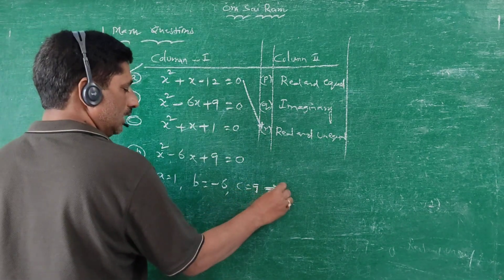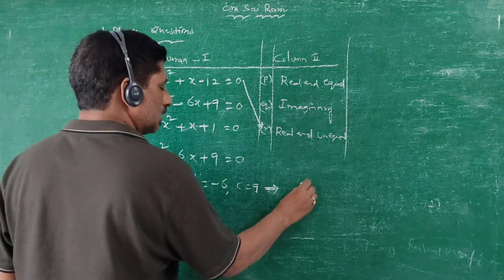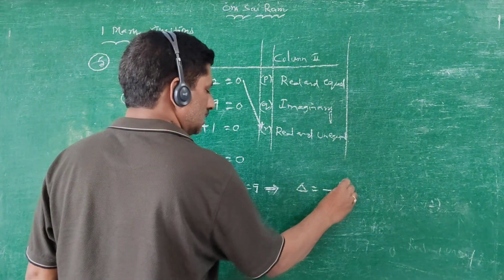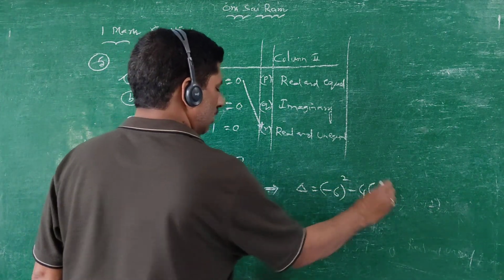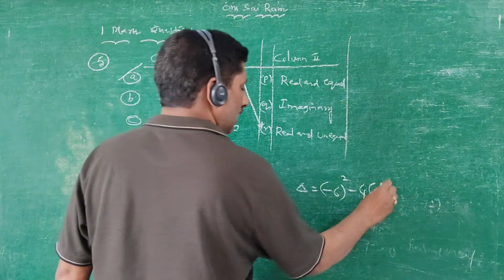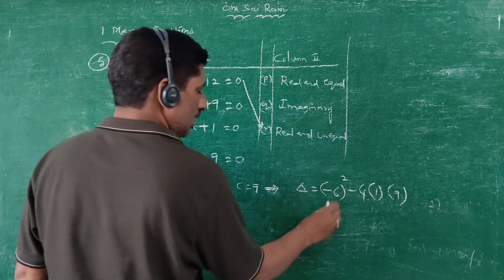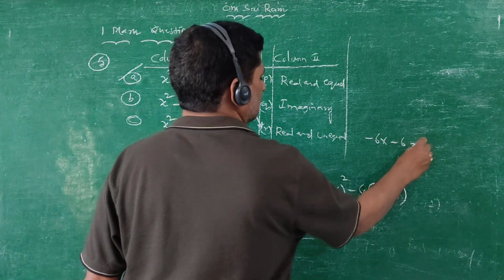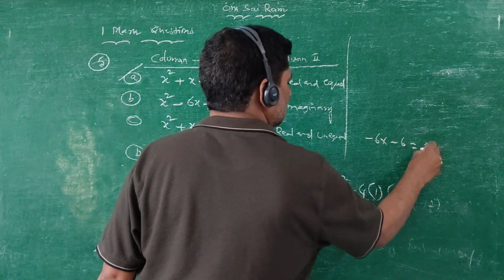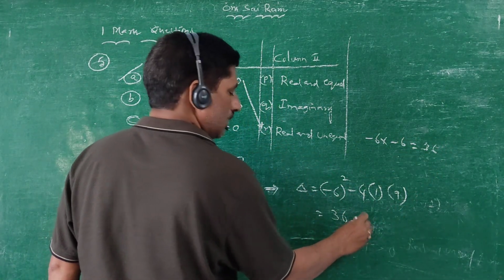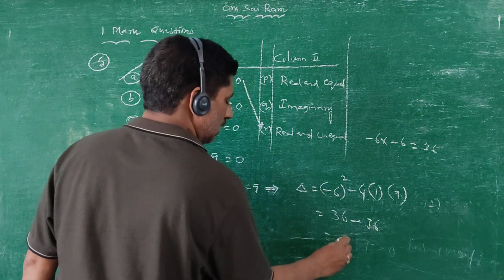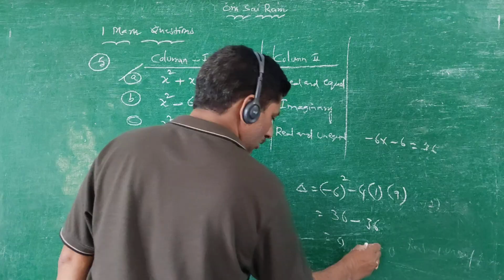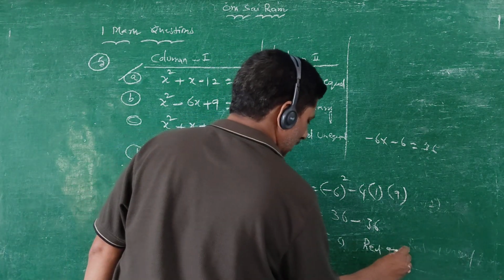Then I have to find the delta value, the discriminant value. Delta is B square, minus 6 whole square, minus 4. What is A value? 1 and C value 9. Minus 6 whole square means minus 6 into minus 6, minus into minus plus, 36. 9 4s are 36, so it is equal to 0. If the discriminant is equal to 0, roots are real and equal.